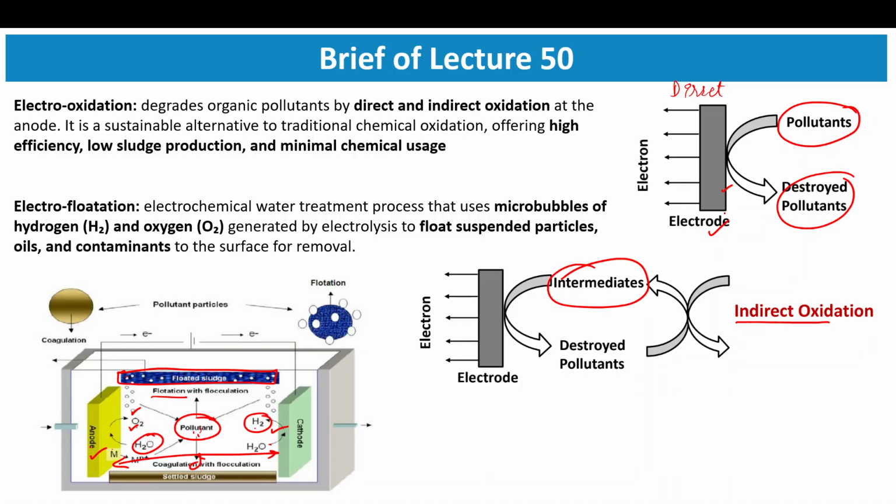Otherwise, if you have some catalyst or depending on the anode material, you can have generation of radicals. So you are trying to generate radicals, and these radicals in the bulk, when they interact with pollutants, convert them into the final oxidized organics, right?